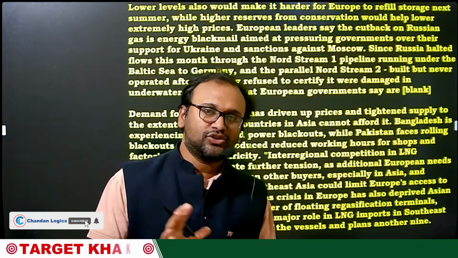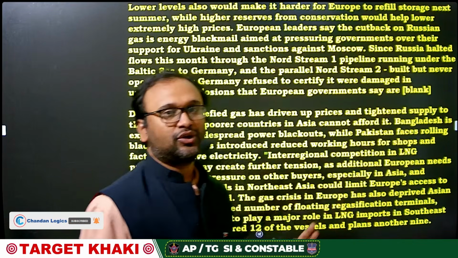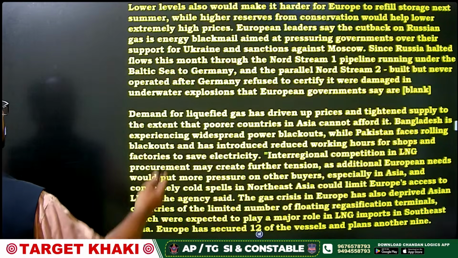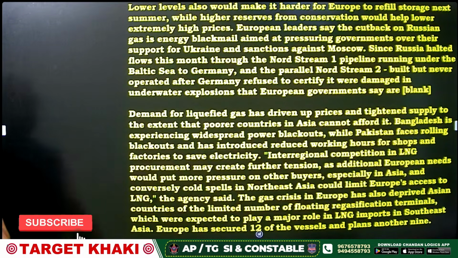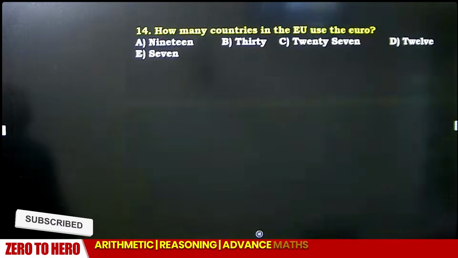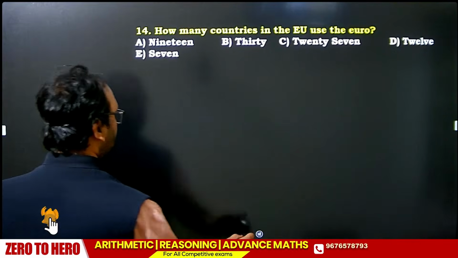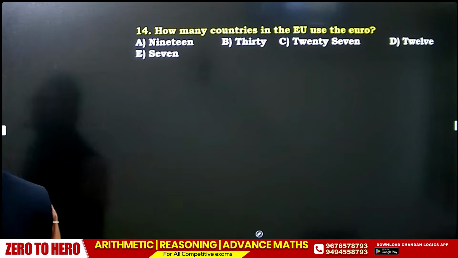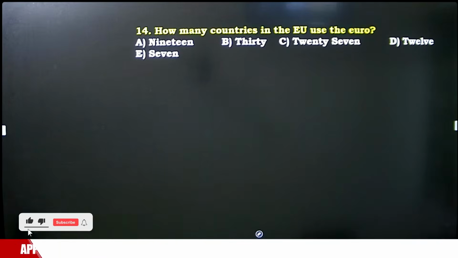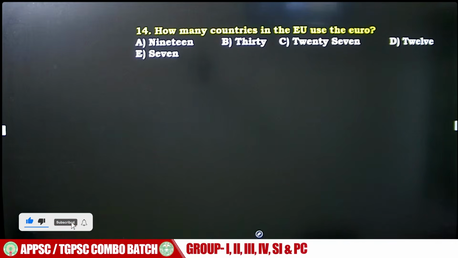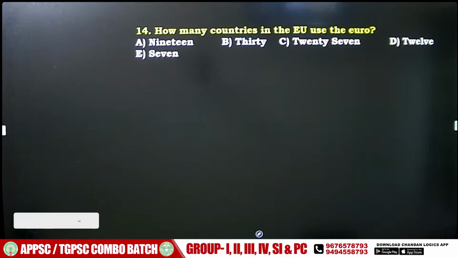So what is the solution to this problem? What are the countries doing to curtail this problem? I want you to take a screenshot of this. I want you to seriously start developing your reading skills, my dear friends. But now let's go in a very simple shortcut way. I will quickly tell you the answers, and after the session is over, you can start working on it.